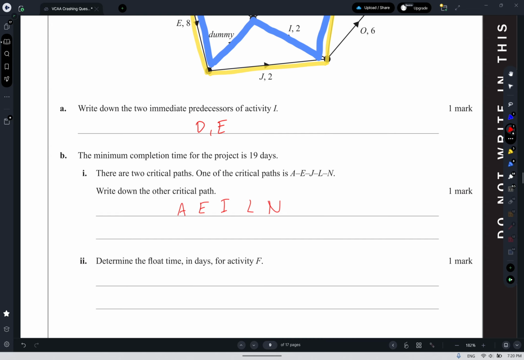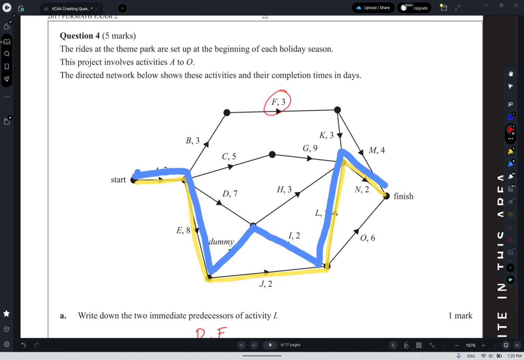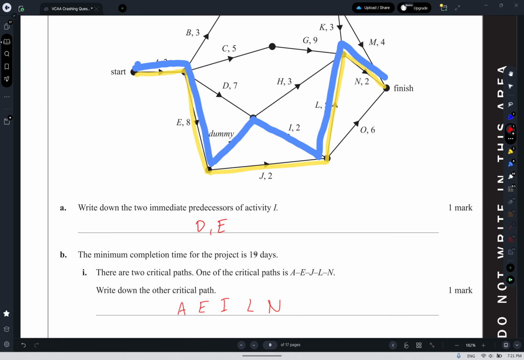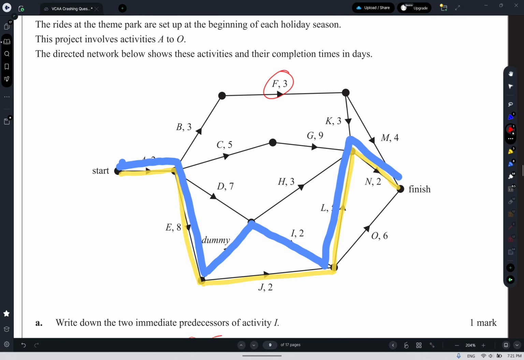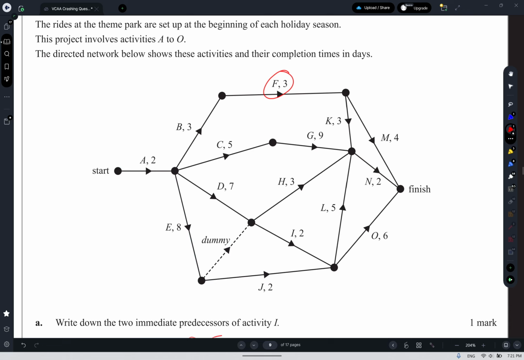The float time in days for activity F, so that's this one here. Now a nice way to find the float is to compare the longest route involving activity F to the length of the critical path, which we know is 19. The longest possible route involving activity F, getting rid of the rest for a second: I could do A, B, F, and then either M or KN. KN is longer.